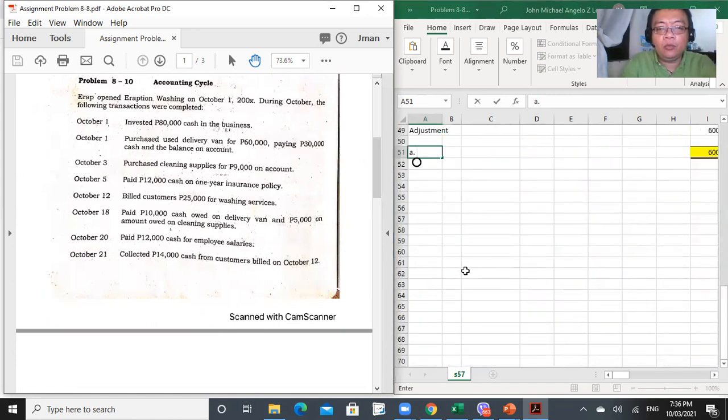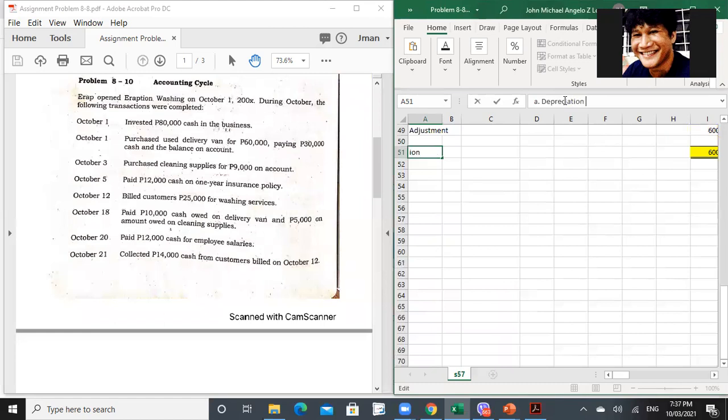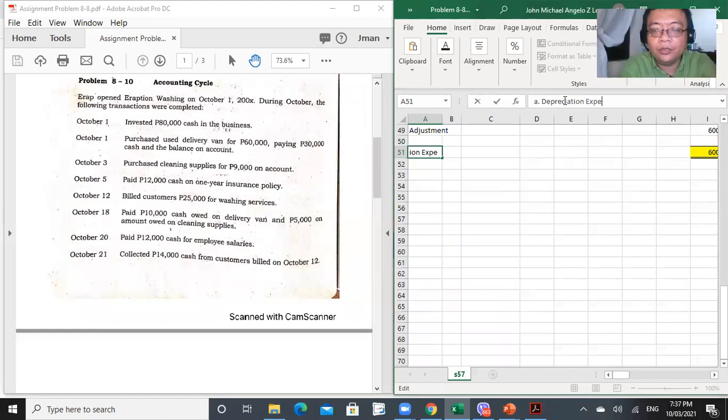Again, what is the formula to compute for depreciation expense? Anyone? Acquisition cost minus salvage value over number of years. All right, very good.